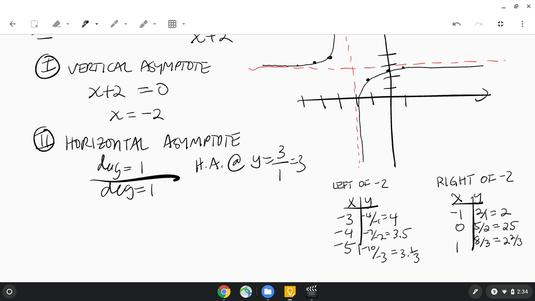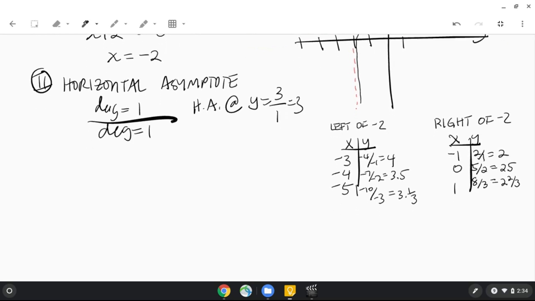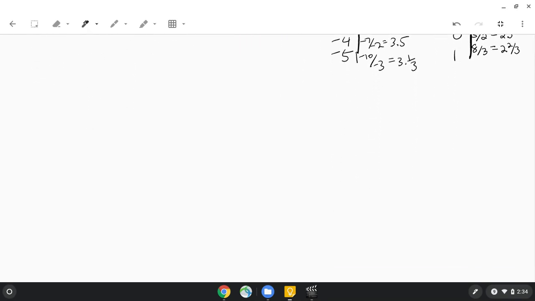Let's take a look at one that has more than vertical. Actually, before we do that one, let's take a look at a case 3 where we have the slant.